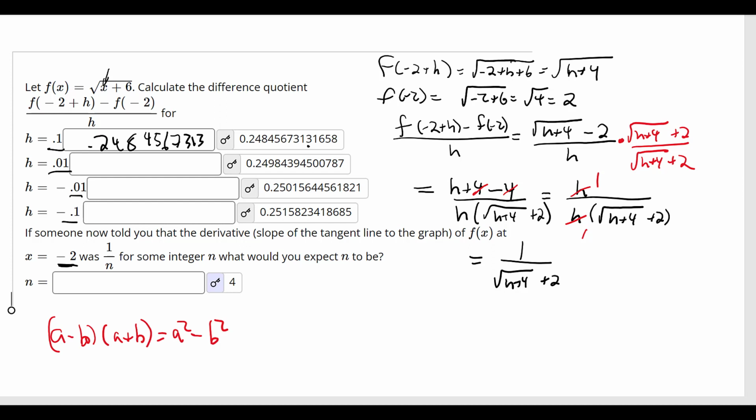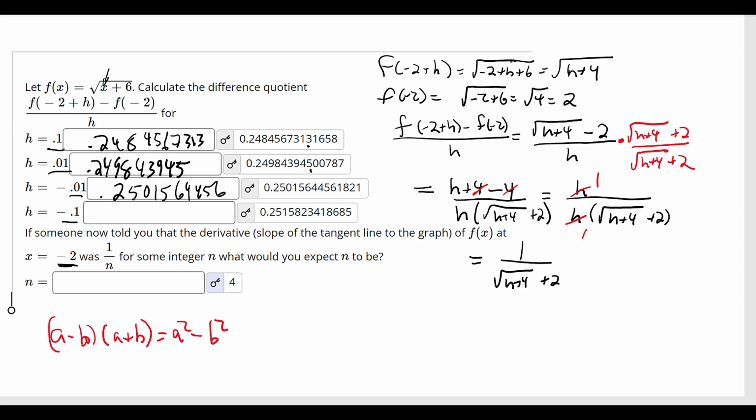Hit insert 0, and I got 0.249843945. They obviously go further than that. And then I can come back up, hit insert, and put in a negative, and I get 0.25015644456.